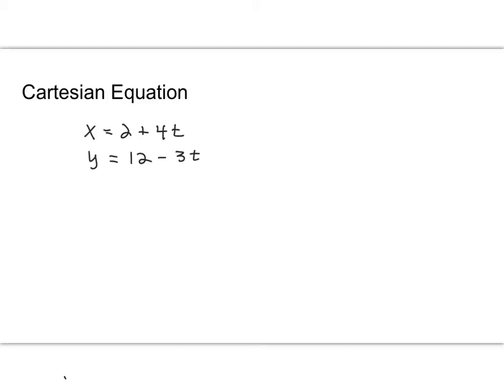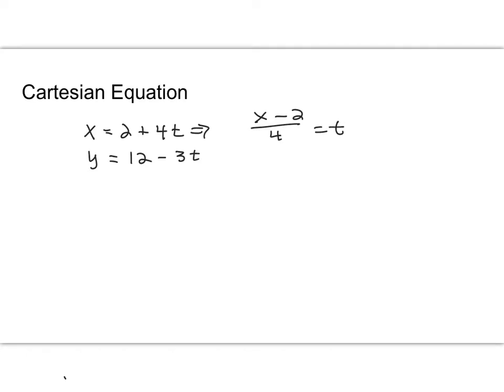If I go back to my parametric equation, I can turn this equation into a Cartesian equation. If I solve x for t, I get x minus 2 divided by 4 equals t.